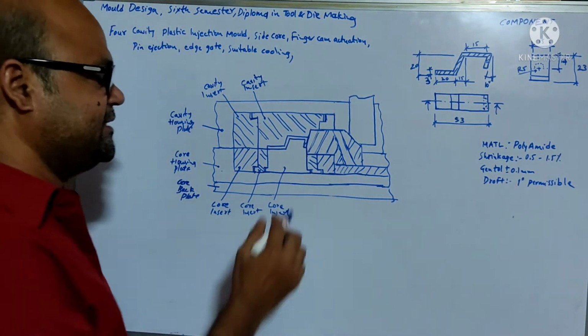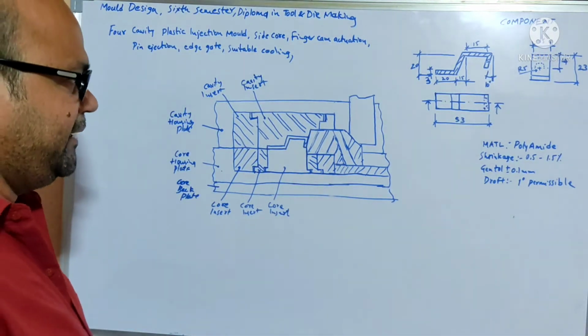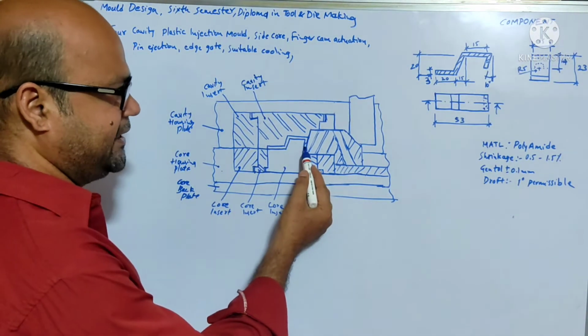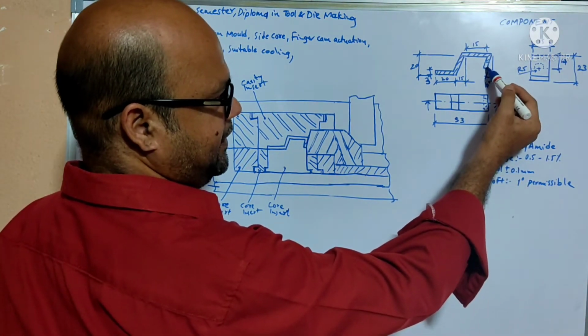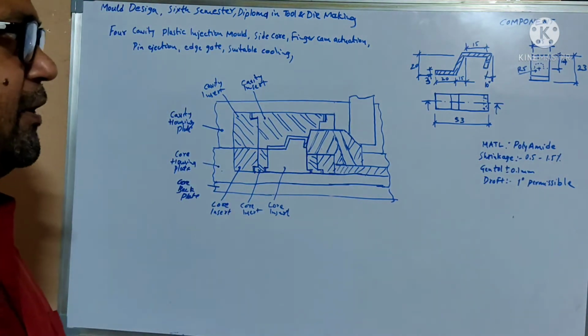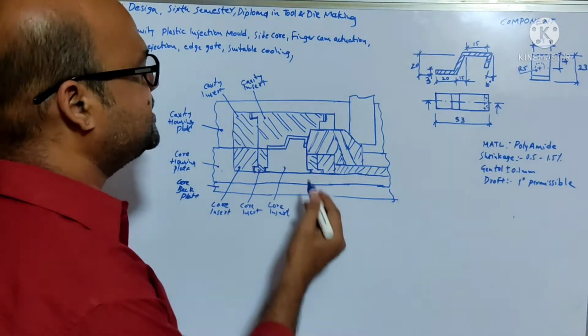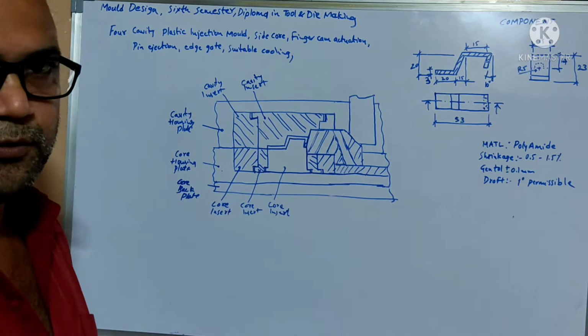By this projection over the side core, you will get the depression or the gap of half circle of radius 5 on the component. This is done by the projection. We are giving the projection in the side core.